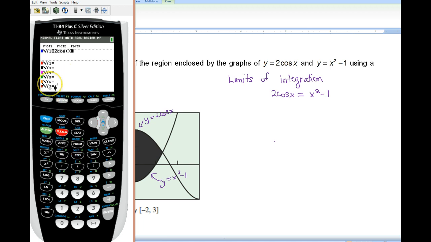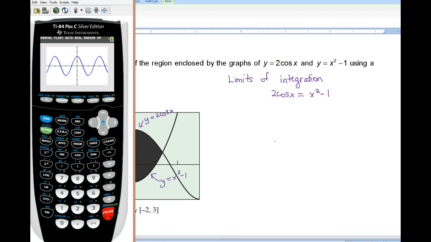It's the same thing. Make sure your calculator's in what mode? Radians. I'm going to do zoom. You could do the window that they provide there, or I'll just do ZTrig. Okay, so here comes my 2 cosine x.